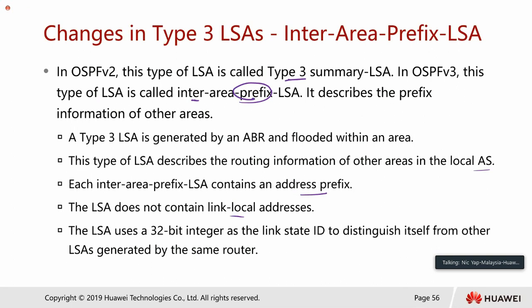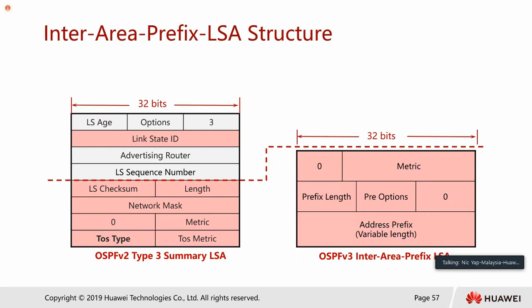It's not within your link anymore. The LSA uses a 32-bit integer as a link state ID to distinguish itself from other LSAs generated by the same router. So they give you a unique ID to tell which router it belongs to. So when comparing OSPFv2 and OSPFv3, those are the differences.